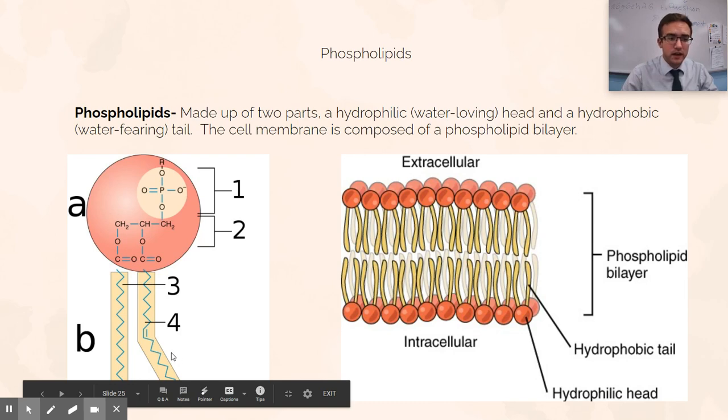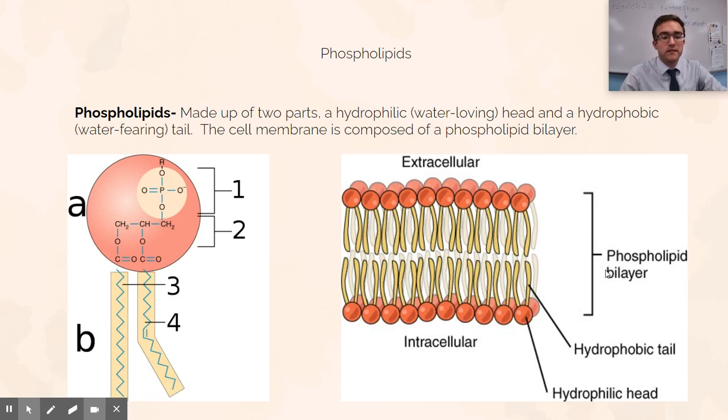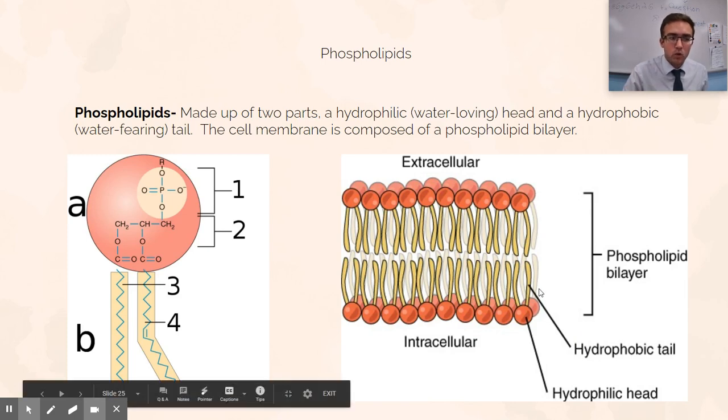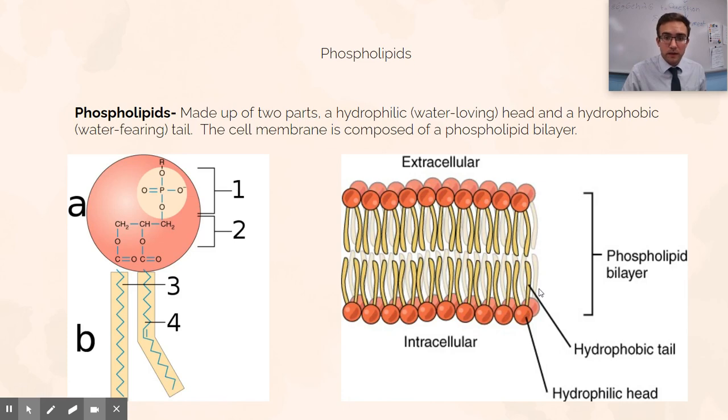So phospholipids have a water-loving head and a water-fearing tail. When a bunch of these get together, they'll form what is referred to as a phospholipid bilayer, with the water-loving heads pointing out, because that's where most of the water is in our body, and the hydrophobic, water-fearing tails pointing in. Our cell membranes are phospholipid bilayers, and we'll talk more about this when we talk about the cell membrane and transport.